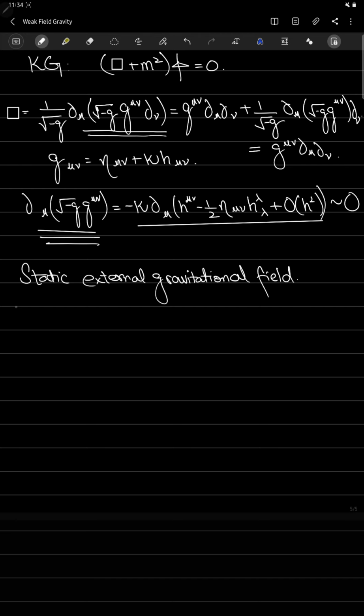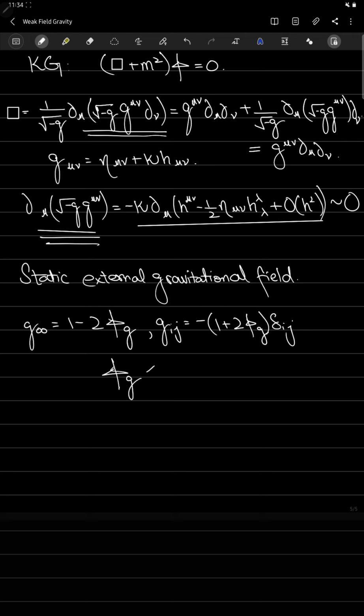Well, in that we have the 00 component of g as 1 minus 2 phi_g, and we have the ij components as minus 1 plus 2 phi_g times delta_ij, and we also know that this phi_g is much smaller than 1.